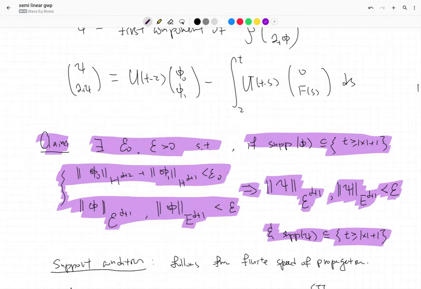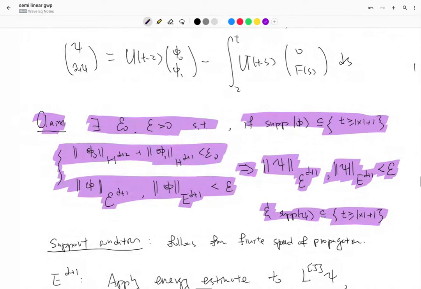And then we assume that the initial data, which is independent of phi, is less than epsilon naught. If we have that, I claim that the generated solution psi from the rho mapping is going to have curly E norm and regular E norm both less than epsilon. The epsilon is the same epsilon, showing that we have a self map.